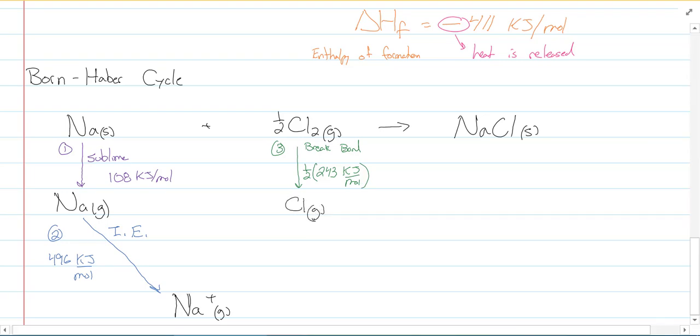We had to break up Cl and Cl to just 1 Cl. It's half of that because we only want 1 Cl. Now Cl is going to gain an electron to go to Cl minus gas. And we have a term for that called electron affinity. Electron affinity, step 4. And for chlorine gaining an electron, they get 349 kilojoules per mole.